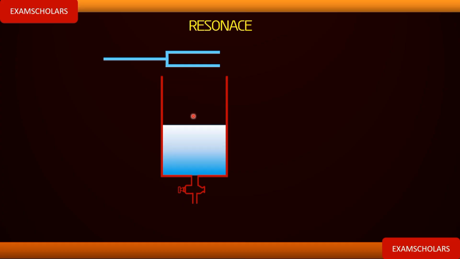As the water level reduces, it will get to a point where we hear a loud sound. What happened at that particular spot? It means that the frequency of this tuning fork corresponds to the natural frequency of the closed pipe.